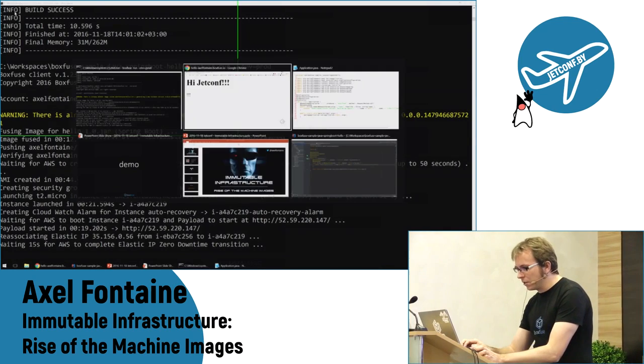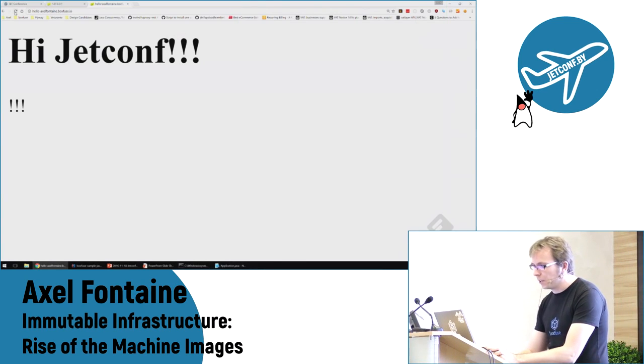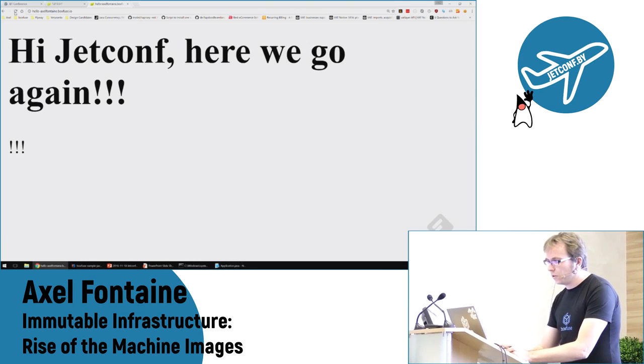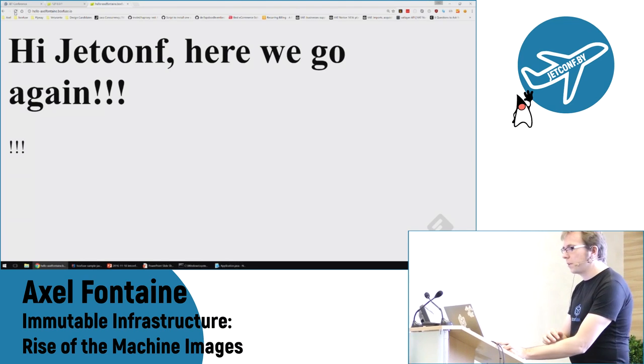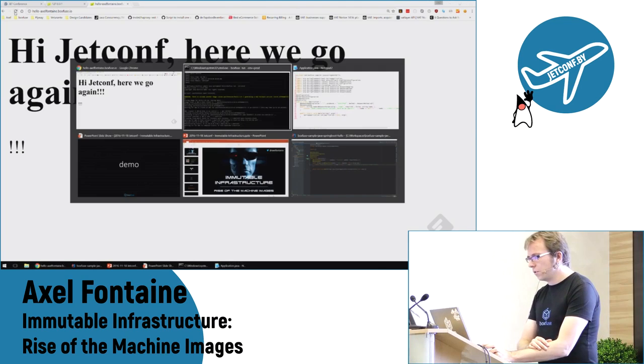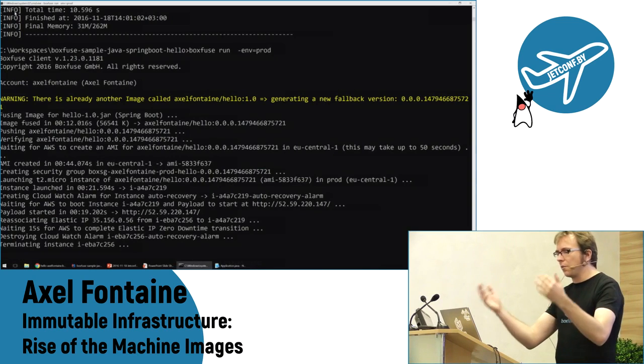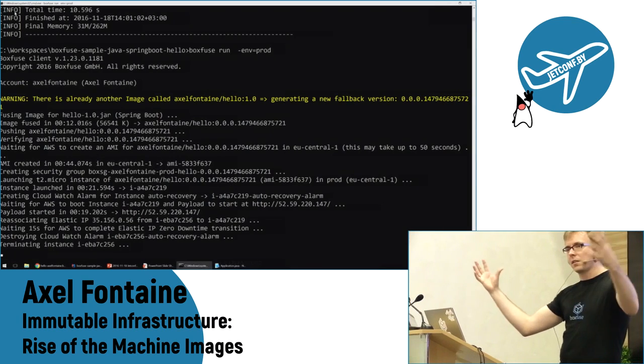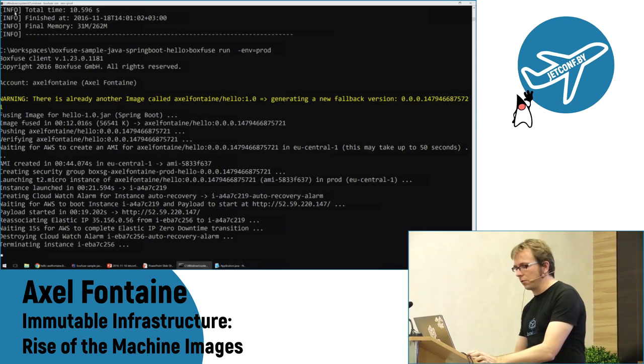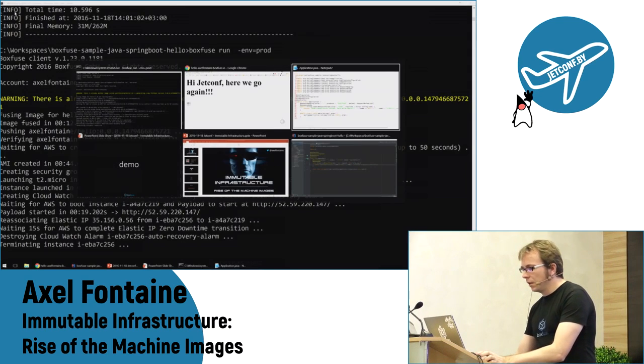And we just got that, so now we're transitioning the Elastic IP address from the old one to the new one. So it's still the old one running at the domain, still the old one. And here we go, we've got the new version, the new image, up and running, and we're now terminating the old instances and contracting our infrastructure footprint again.